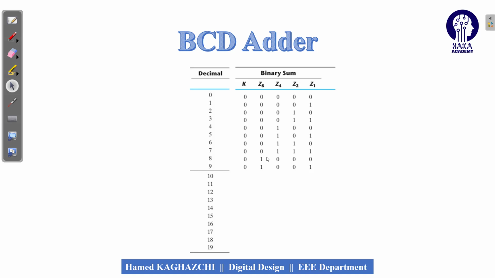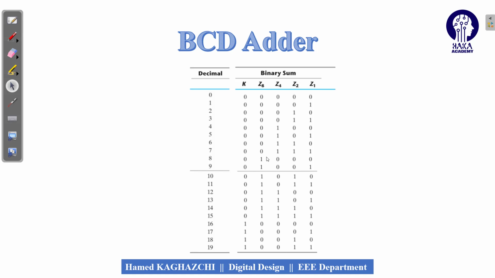And also, if the addition of two BCD codes is between 10 up to 19, we can also write the corresponding binary number of each number.